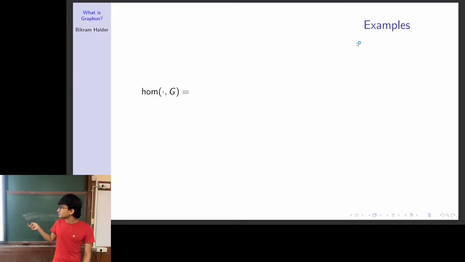Let's look at some examples. What about the homomorphisms from a point to a whole graph? How many homomorphisms are there? Yes, the number of vertices. What about homomorphisms from an edge to a graph?